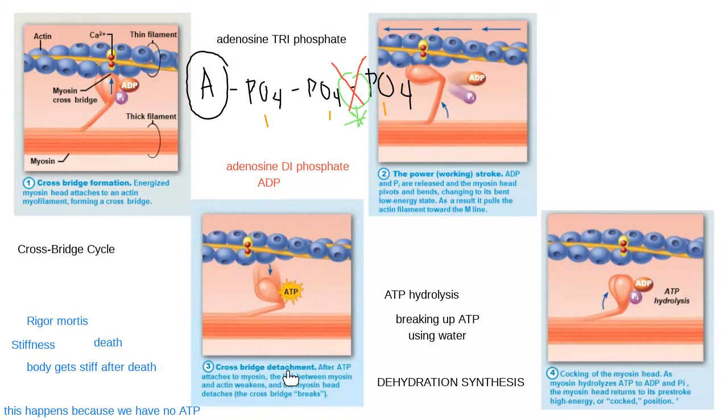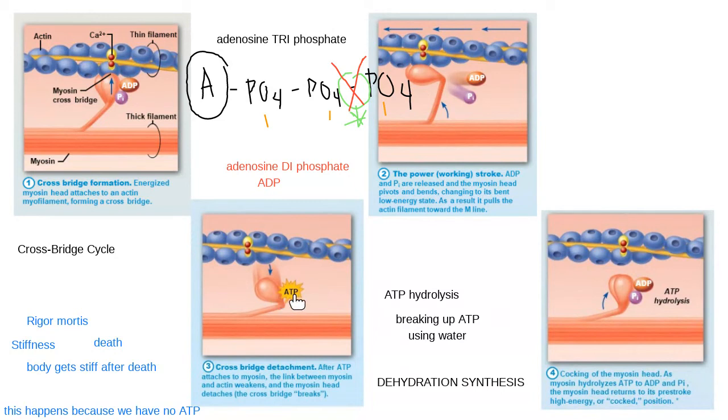Cross-bridge detachment. Remember, I told you that when we finish the power stroke, myosin is attached to actin, but it's stuck. What makes myosin not attached to actin is when ATP comes along and attaches to myosin.